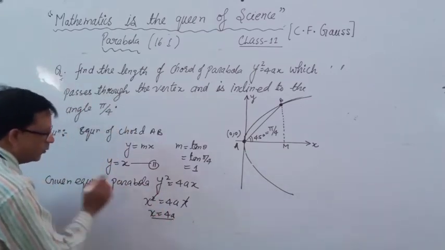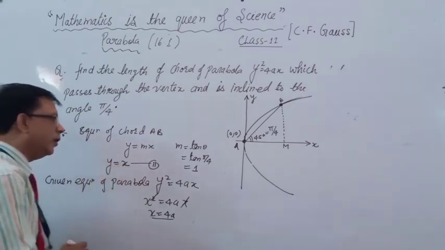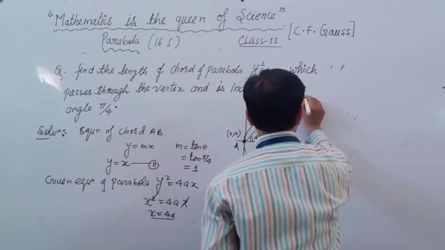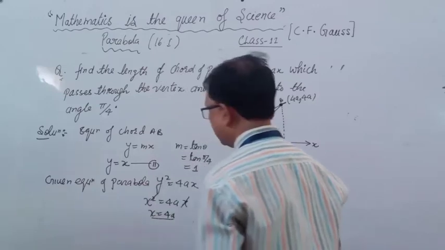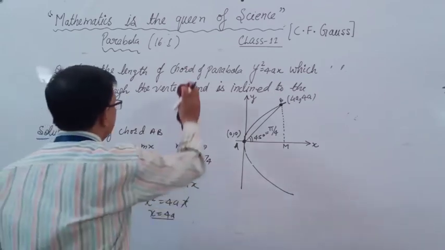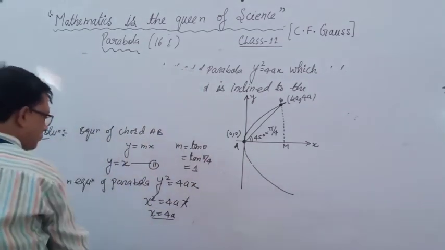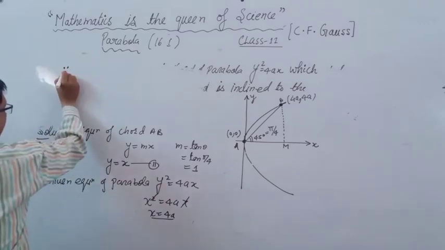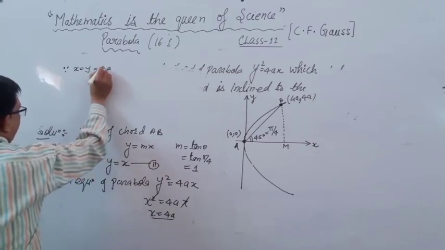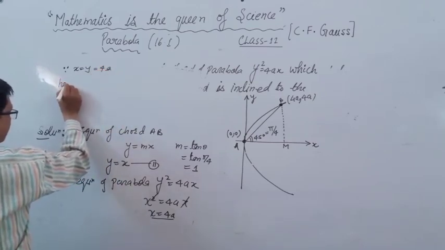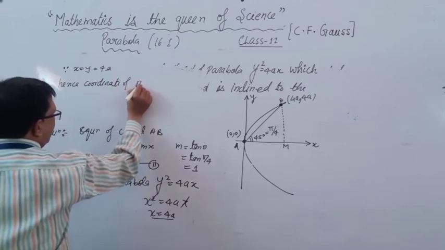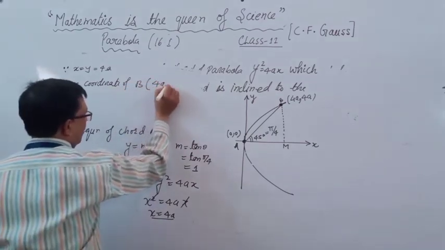Now x is equal to 4a and y is also equal to 4a. So the coordinate of point B is 4a, 4a.